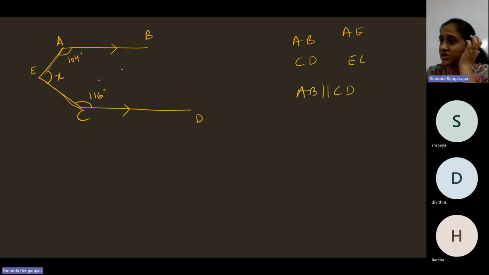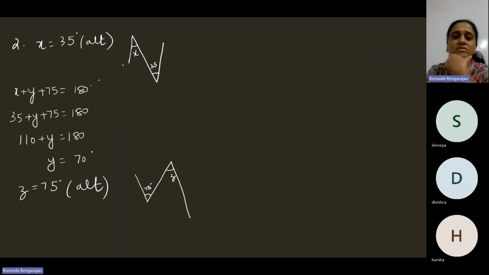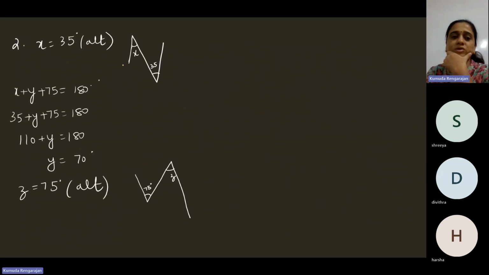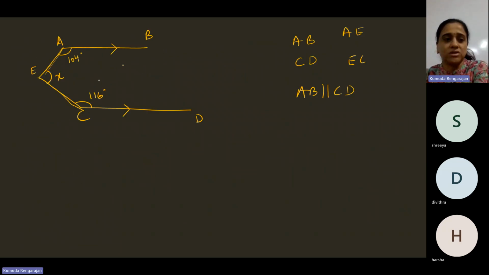In such cases, you need to take up a construction. That is, you need to take the help of another line. In the questions earlier, we could answer without any construction, without taking the help of any other line segment or line. Here you need to take up a construction. So what is that construction?